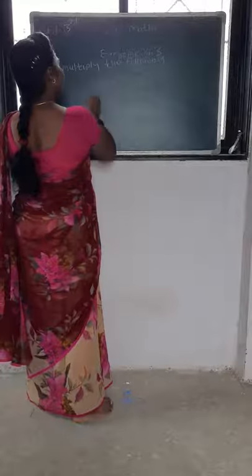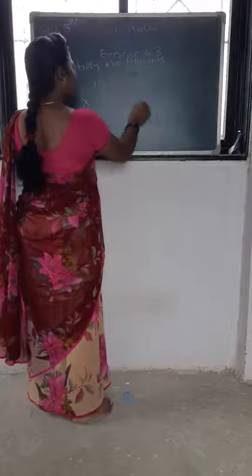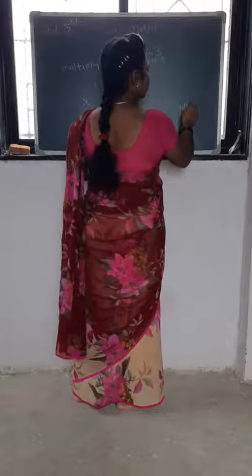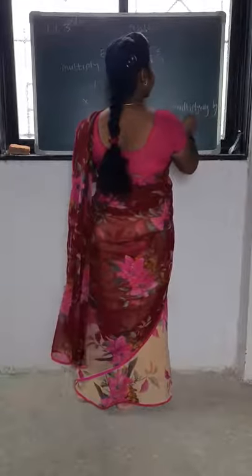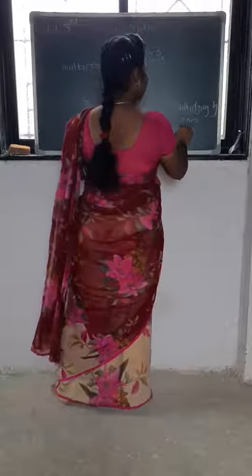Next example is 180 multiplied by 24. Firstly multiplying by ones, next multiplying by tens.